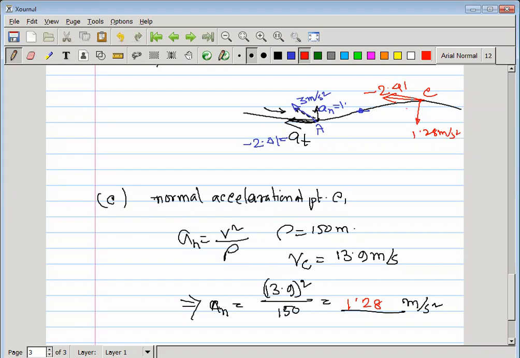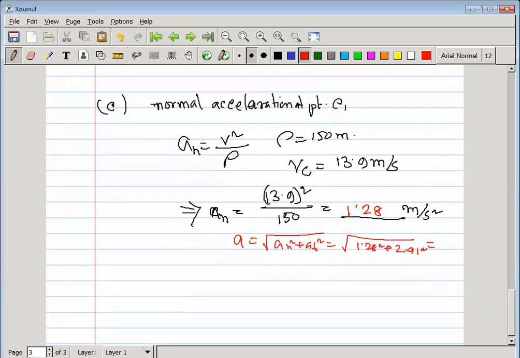So what should the resultant be? A is equal to root over of an square plus at square, that is root over of 1.28 square plus 2.41 square.